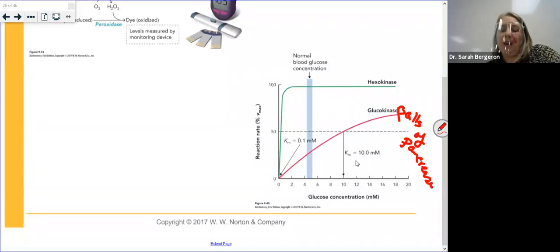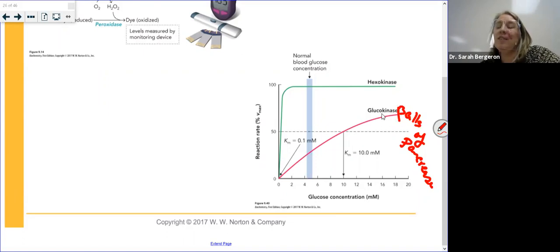Which one has a higher affinity? Hexokinase. So in order to activate glucokinase, you're going to have to eat a lot. Oh, I don't know, maybe the size of a meal, right? Then that's going to increase your blood sugar high enough that you're going to start activating glucokinase, right?